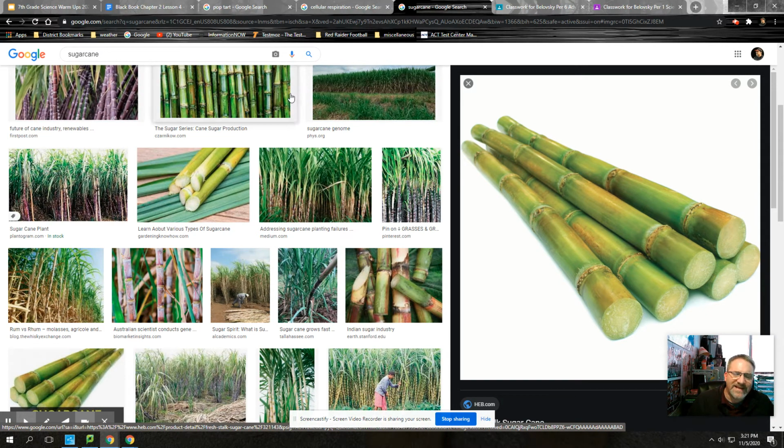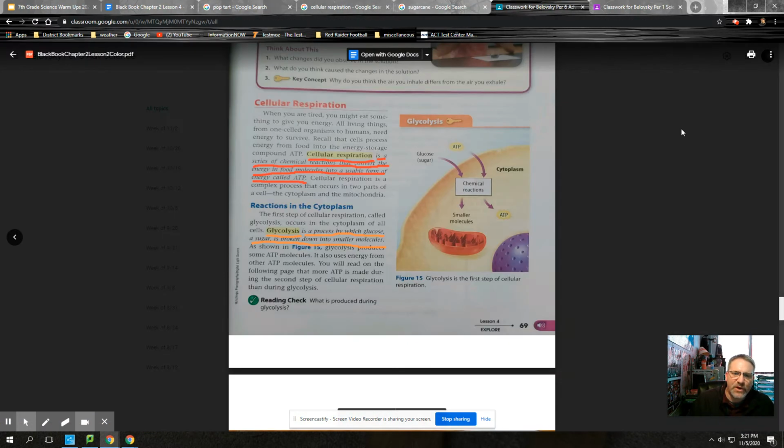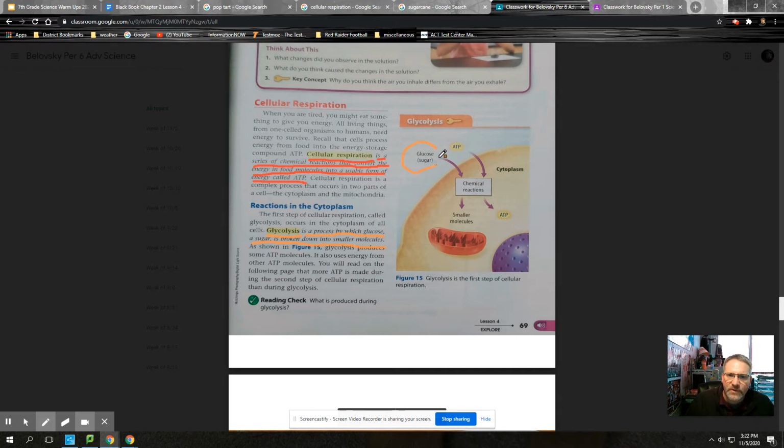When you eat that, it is too big to go into your cells, so it has to go through a process in which it is made smaller, down into molecular form. Then it can be used by the cells. Right here you can see where it says glucose, because here it's been made into a smaller form to enter into the cells and into the mitochondria to make energy.